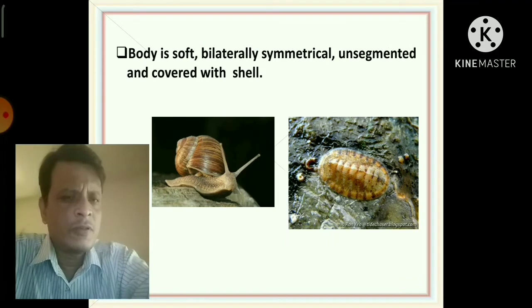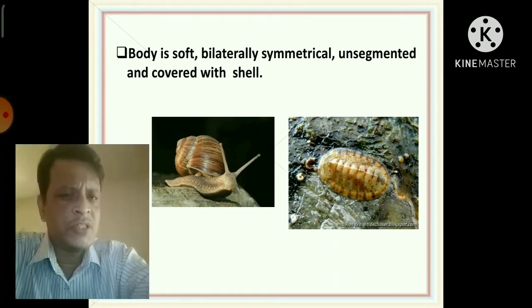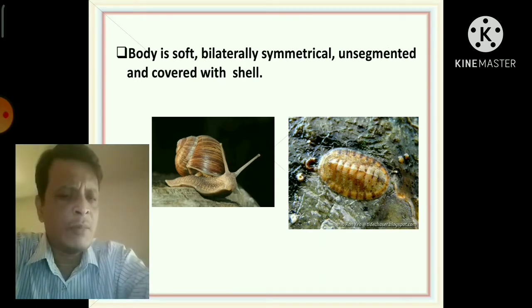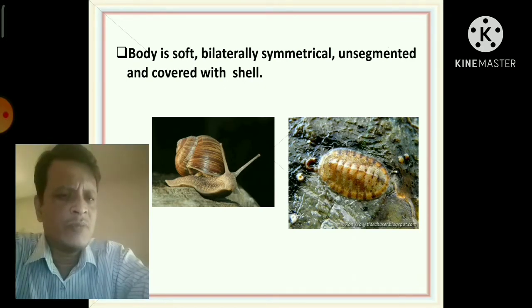The body is soft, bilaterally symmetrical, unsegmented and covered with shell. If you look at the figure here, if you think about the snail, the body is soft and bilaterally symmetrical. Most of the animals belonging to the phylum Mollusca are bilateral, but there are some exceptions.